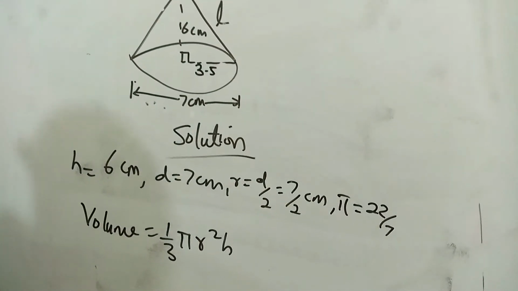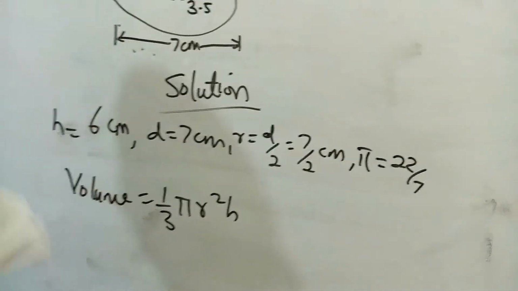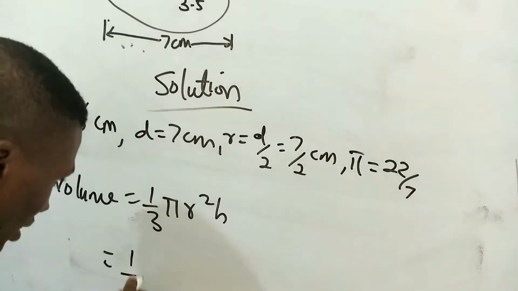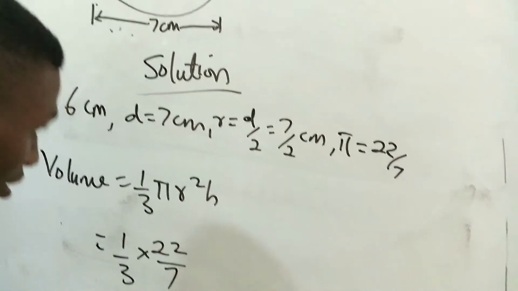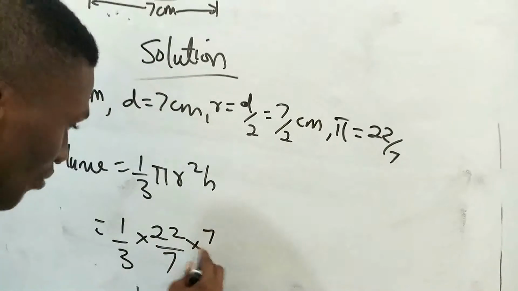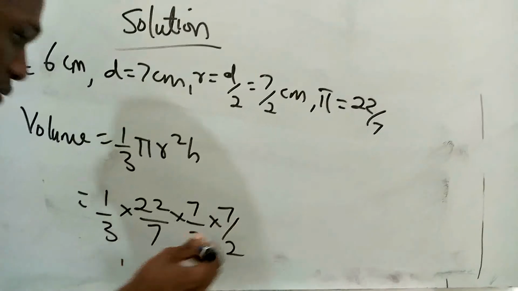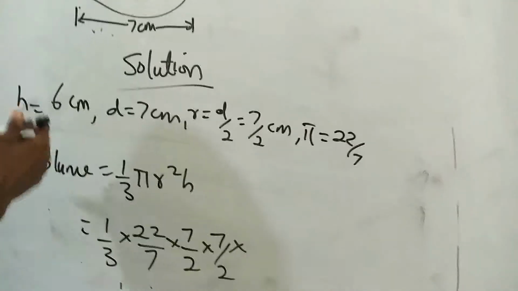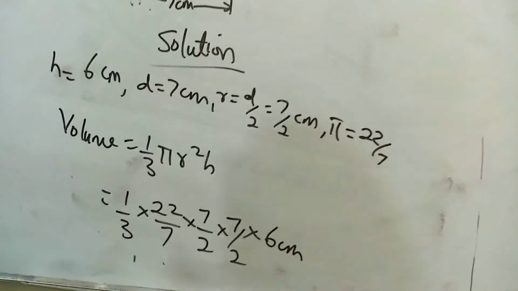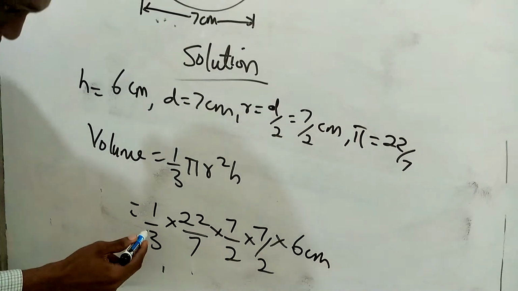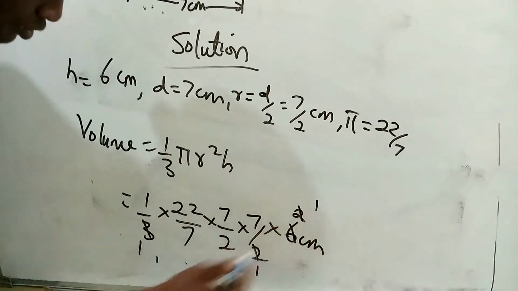Next is to find the volume of the shape, and we have our formula 1/3 pi r square h. So we say 1/3 times pi, 22/7, times our radius 7/2 times 7/2, because r is squared, multiplied by itself, times our height of 6 cm. So at this point, what do we do? We cancel out. 3 here is 1, 3 into 6 is 2, 2 here is 1, 2 here is 1.